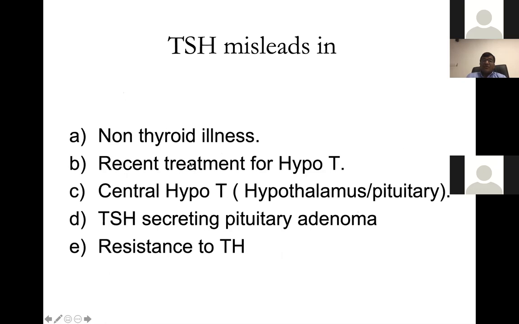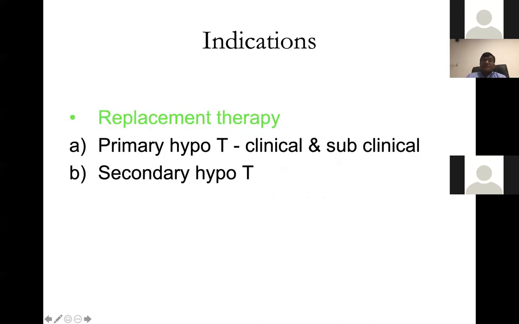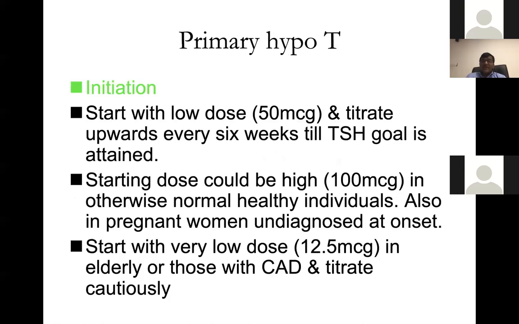I told you about recent treatment of hypothyroidism. It takes at least 6 weeks to become normal. Sometimes this can be longer. And in pituitary and hypothalamic disease, such as a TSH-secreting adenoma, you can have high TSH as well as high T4. These are rare ones. So we have dealt with these things.